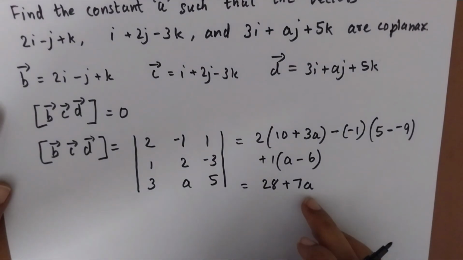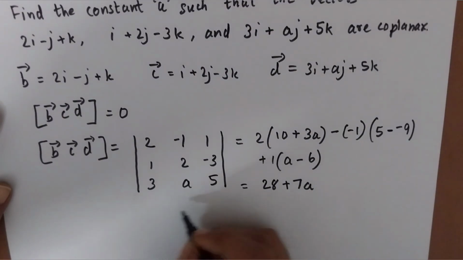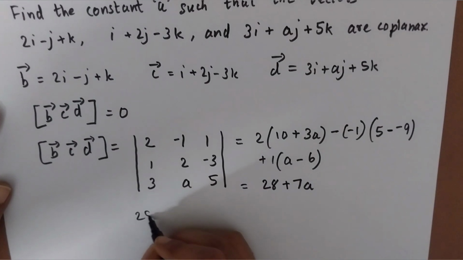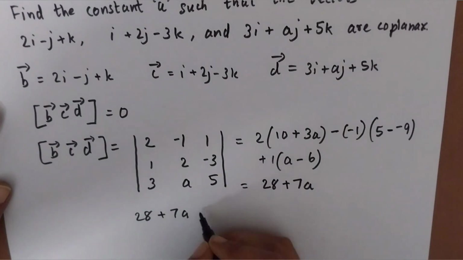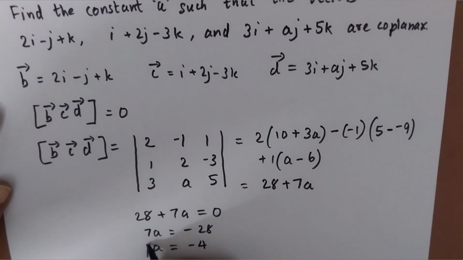This is equal to 28 plus 7a. Now when you equate this 28 plus 7a to 0, you will get 7a is equal to minus 28, a is equal to minus 4. This is the answer.